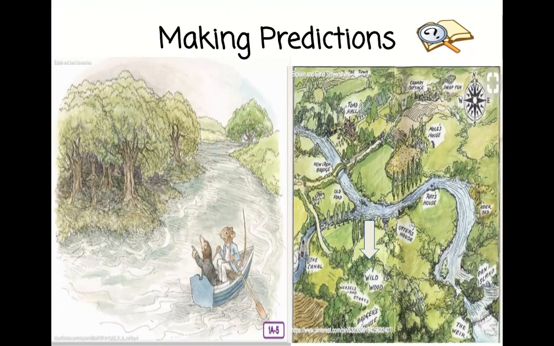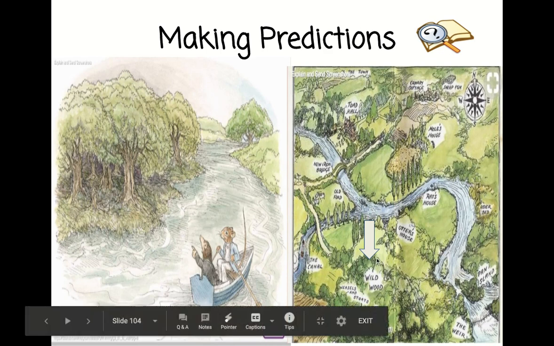So let's make some predictions based on our information that we've already learned. This story is called The Wild Wood. Remember the other day when Rat and Mole were looking up the river and they could see the wild wood over on the other bank and wondered about it.